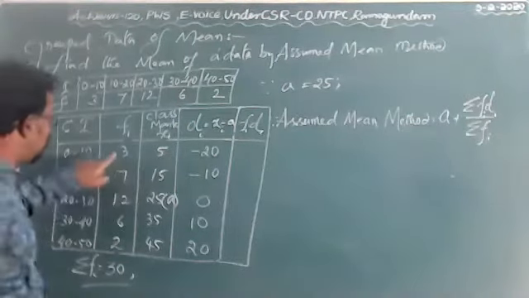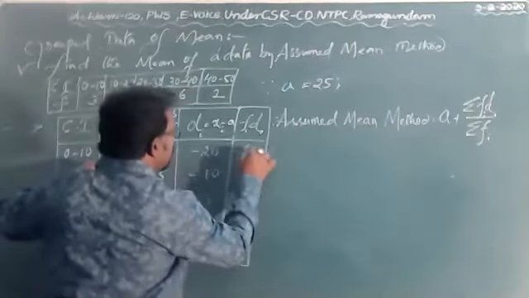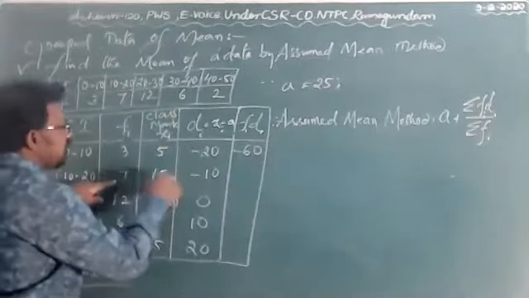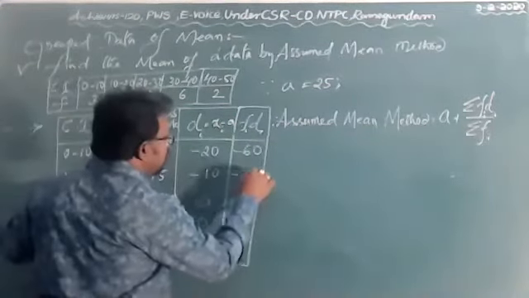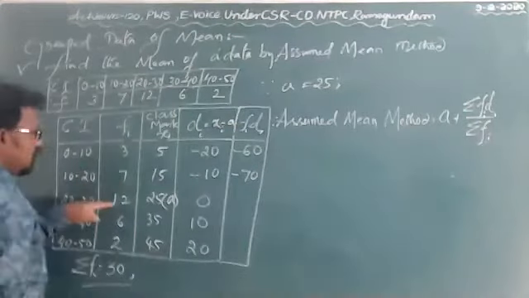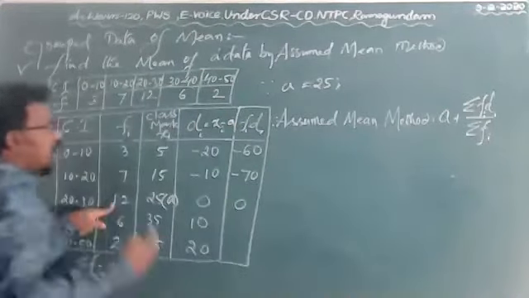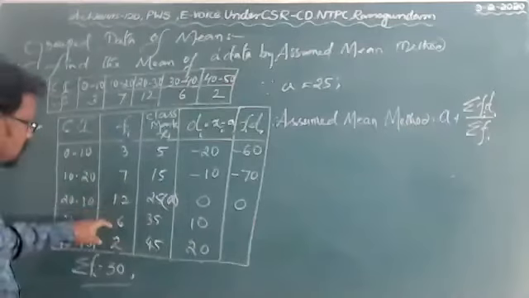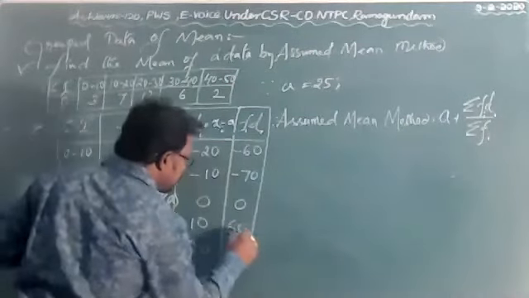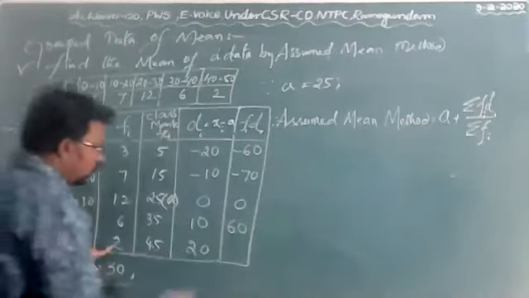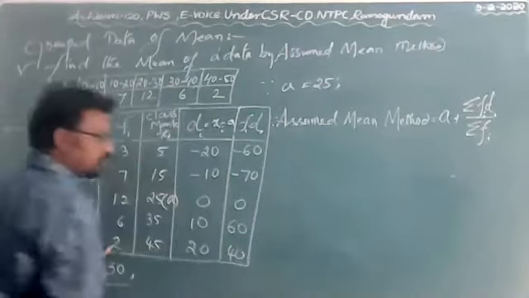So 3 into minus 20 is minus 60. 7 into minus 10 is minus 70. 0 into something is absolutely 0. 6 into 10 is 60. 2 into 20 is 40.